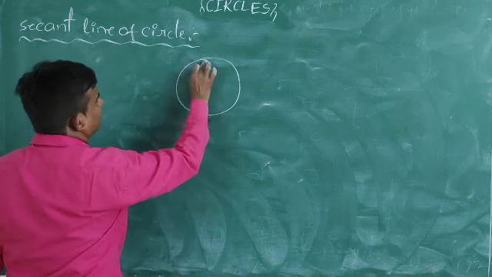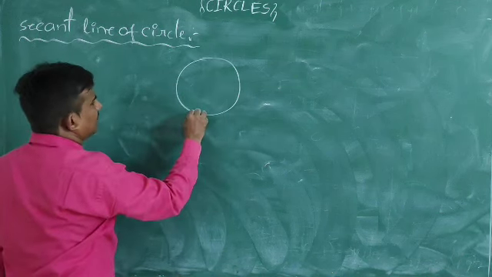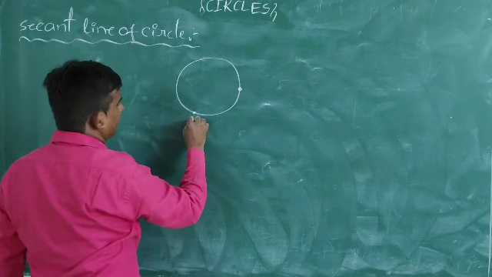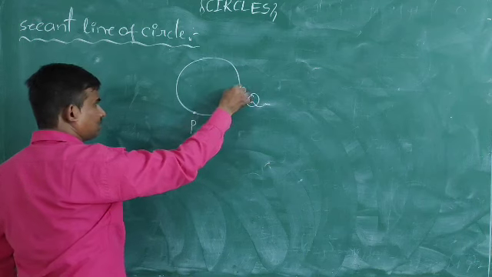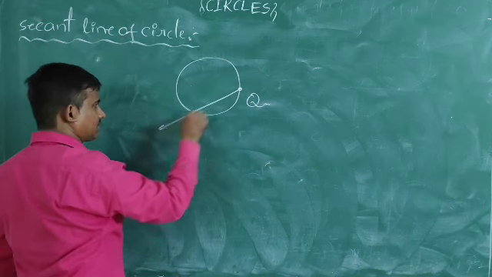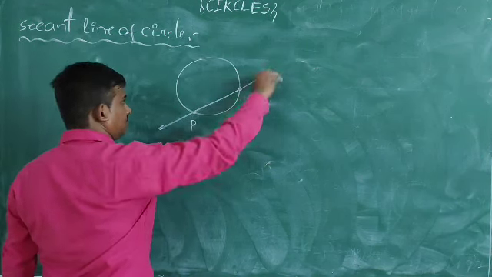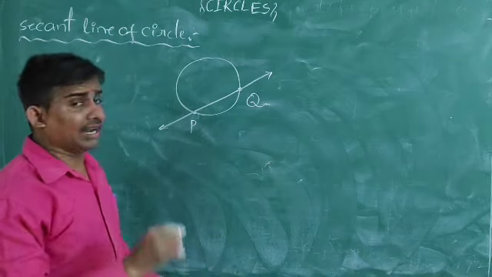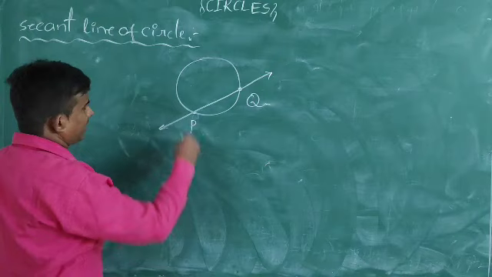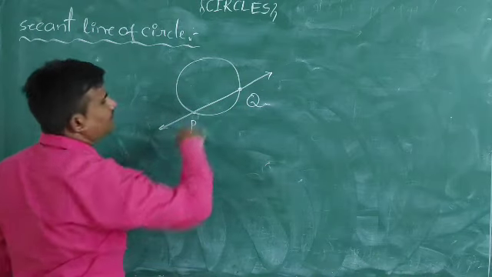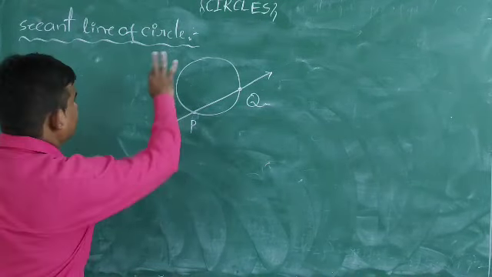If you take a circle here and there is a point P and a point Q, a straight line passing through these 2 points. A secant line is not a line segment, it is a straight line, an expandable straight line. A straight line passing through any 2 points of the circle. That is the secant line.